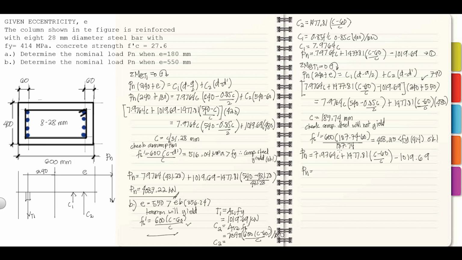Lagay mo yung value ng C, 187.74 plus 1477.81 times C, 187.74 minus 60 over 187.74. Okay? Minus 1019.69. So, lalabas na sagot natin is 1483.31 kilonewton. So, this is our answer for letter B.